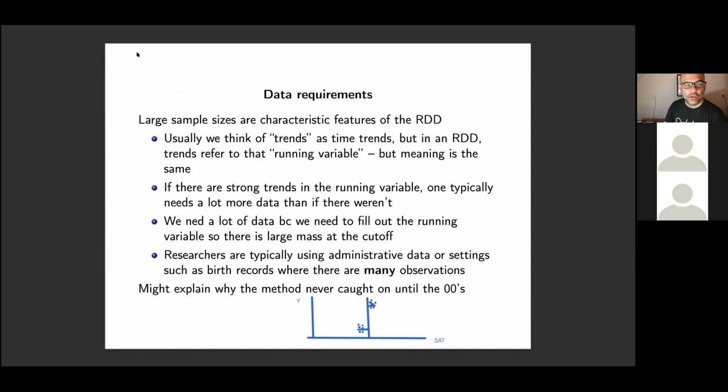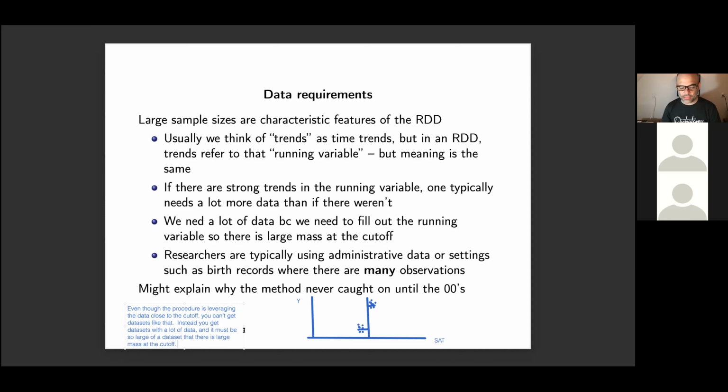Even though the procedure is leveraging the data close to the cutoff, you can't get data sets like that. Instead, you get data sets with a lot of data, and it must be so large a data set that there is large mass at the cutoff.